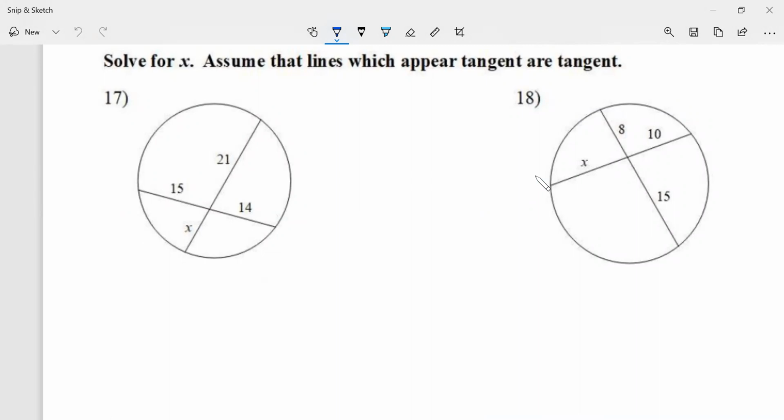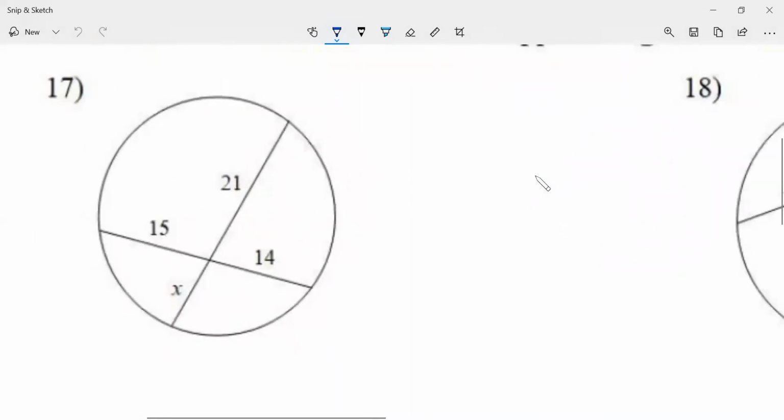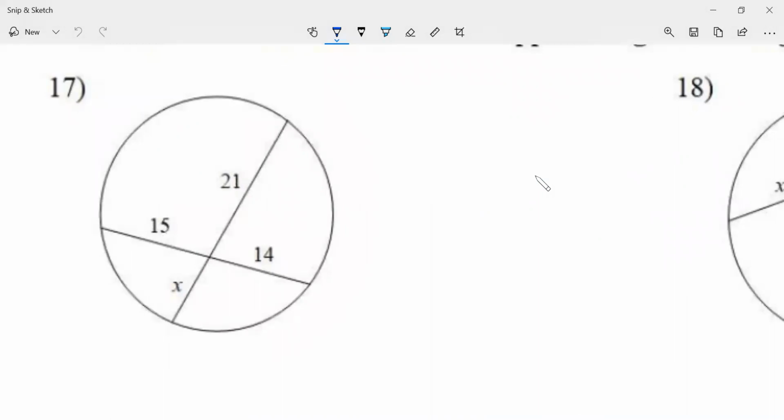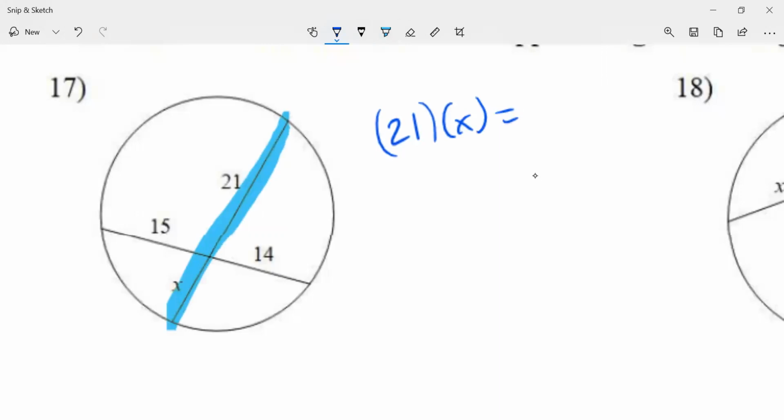Now here, number 17, what I'm going to do, I see there's two segments, right? This is one of my segments. It's made by the measurement x and 21. What I'm going to do first, let me multiply those two measurements. So let me just write 21 times x is going to be equal to, I see another segment here.